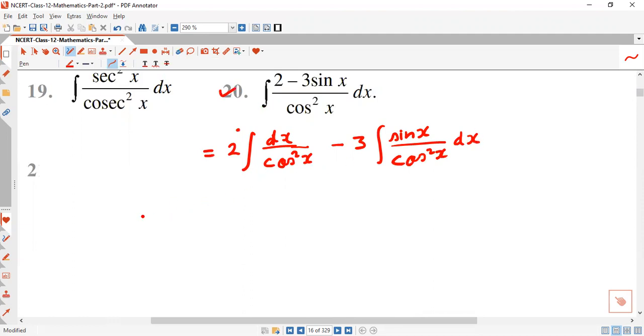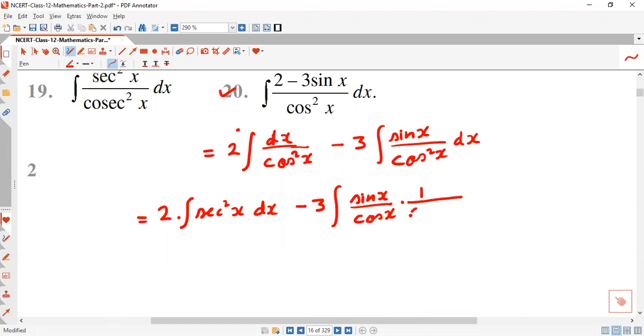So this can be written as: 2 constant, and 1 upon cos square x is the reciprocal, sec square x, integration of sec square x dx, minus 3 times sin x upon cos x into 1 upon cos x dx.